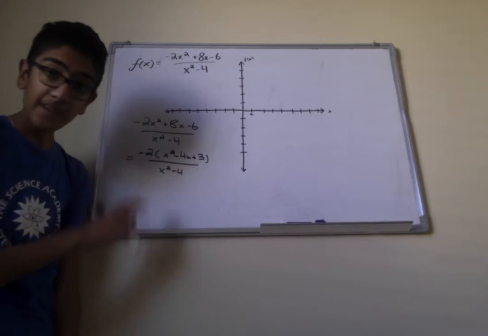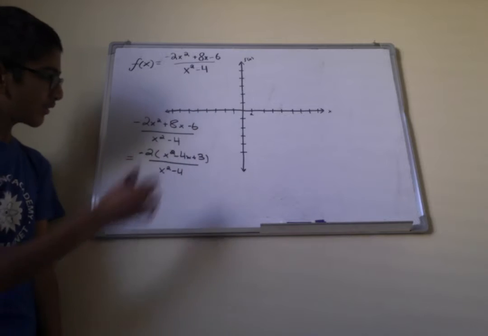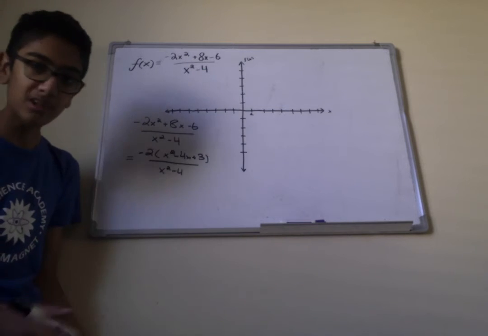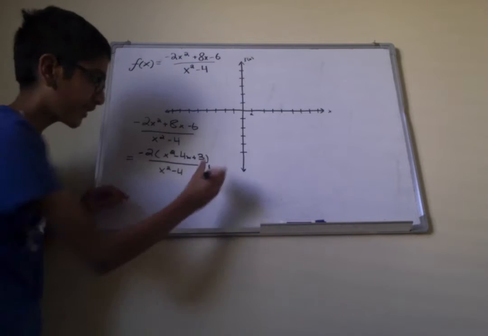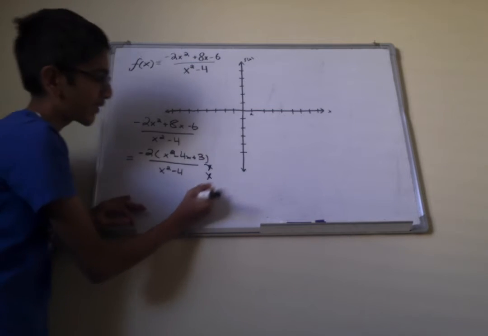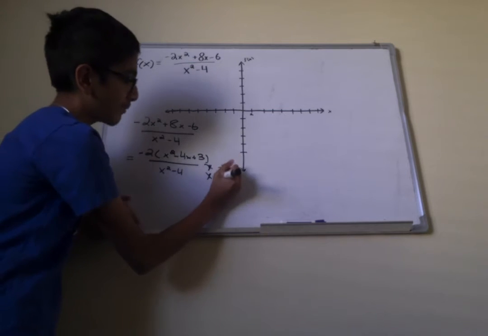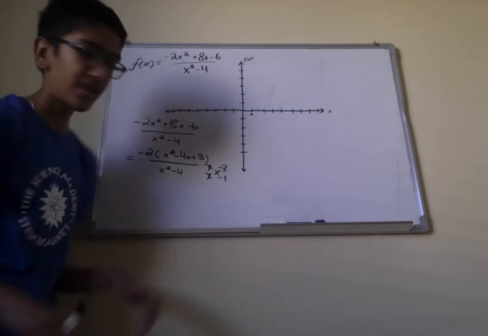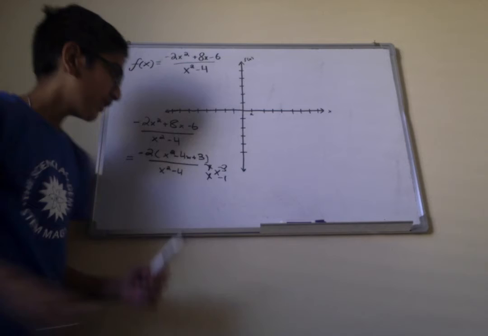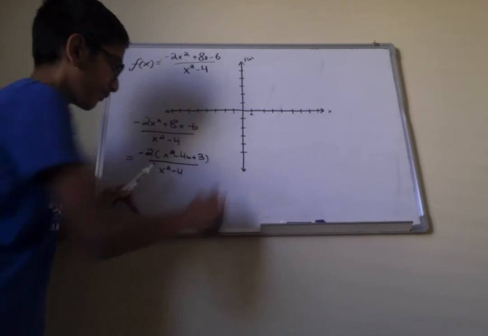So now we have to factor this actually. The way I'd factor this one out is by cross multiplication. x and x are factors of x squared. Minus 3 and minus 1 are both factors of plus 3. When you cross multiply them, they add up to minus 4x. Okay, so thus we know the top one.